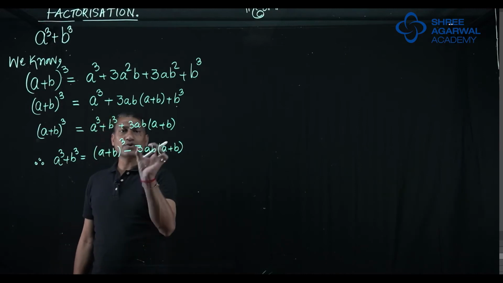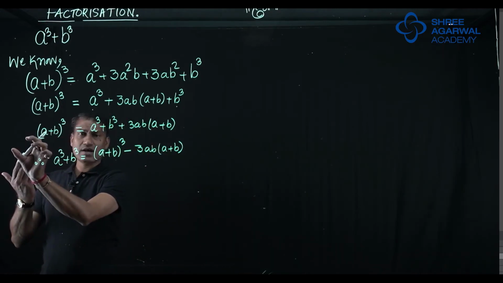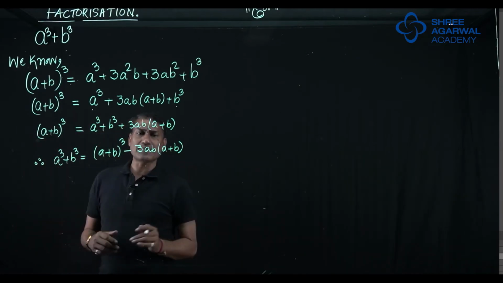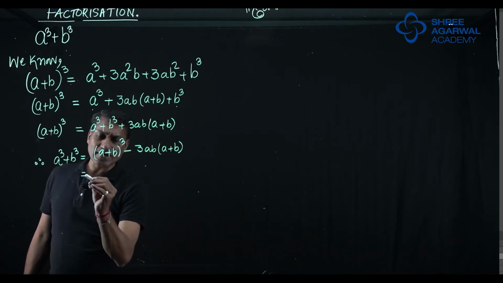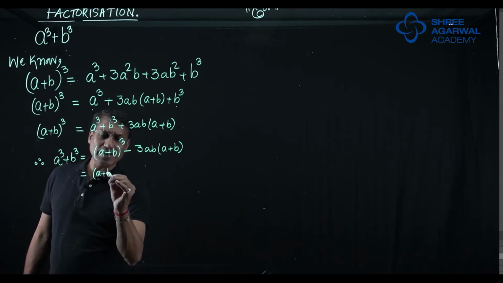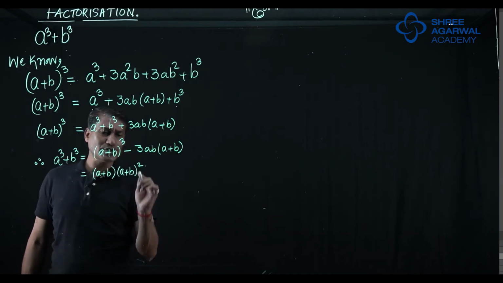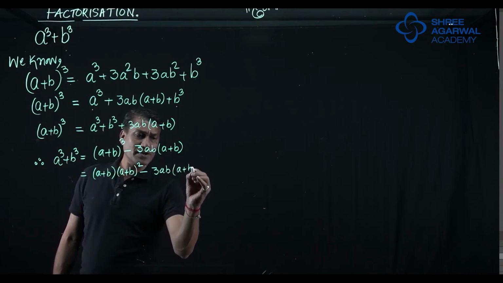I hope you understood. I sent this to this side, it became minus. Now in this (a plus b) cube, we are having the bracket 3 times. I will write it like this, 1 time and 2 times, minus 3ab into (a plus b).